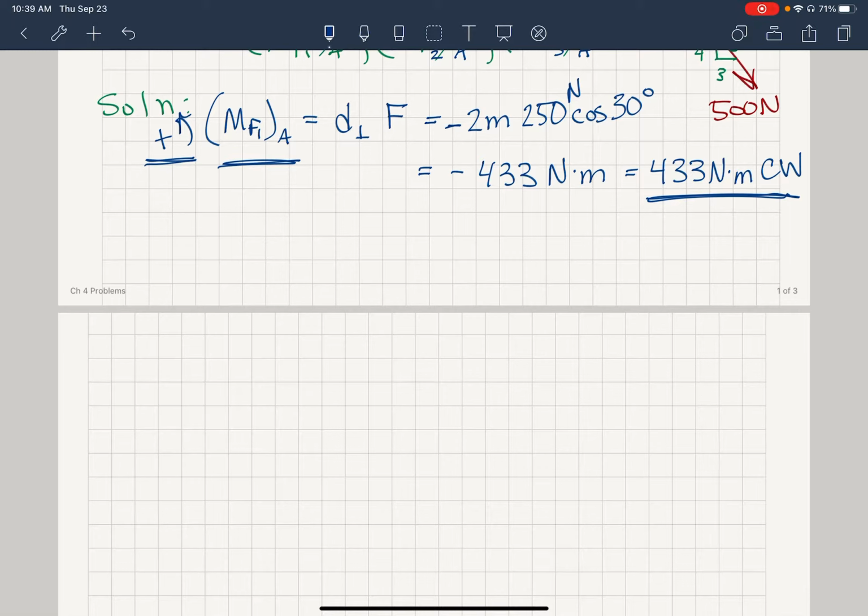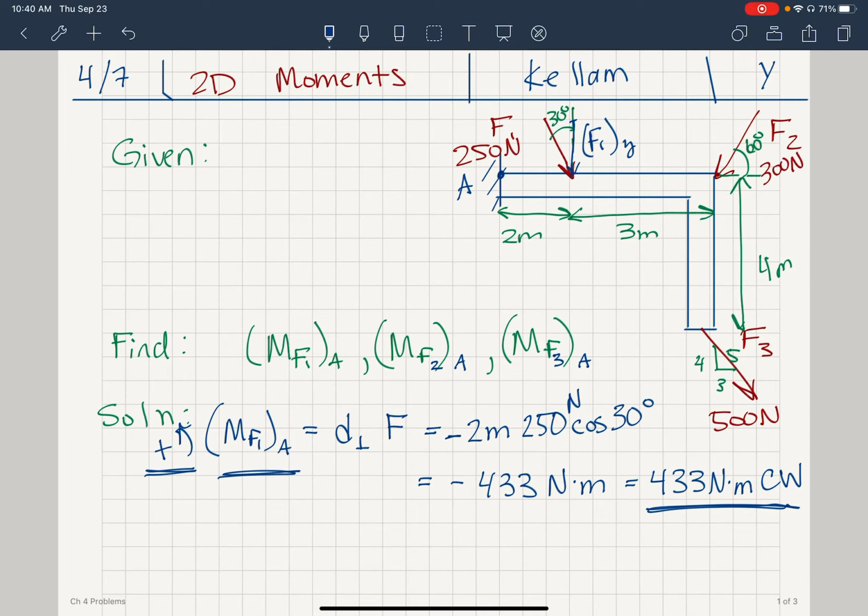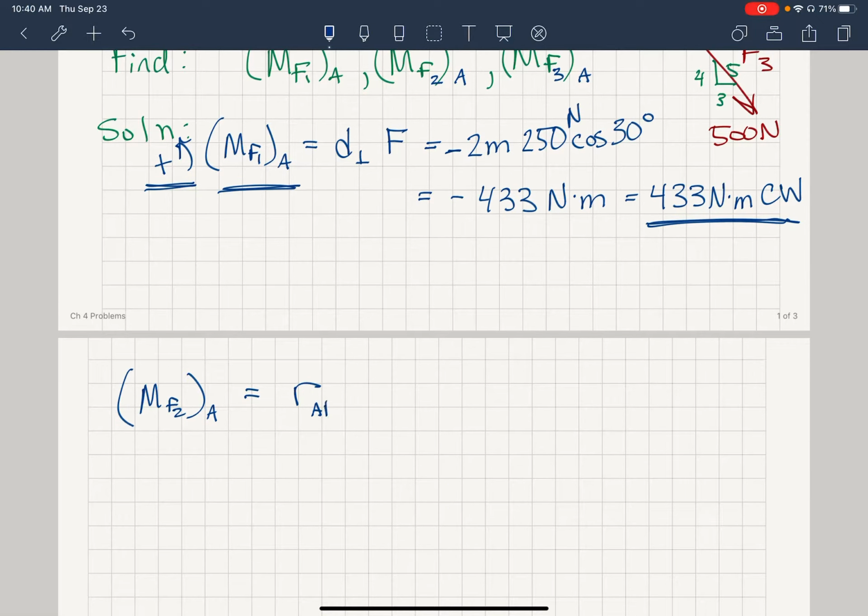So for the vector method, the moment of F2 about A equals R from A to, we'll call that point B, the position vector from A to B crossed with that F2.